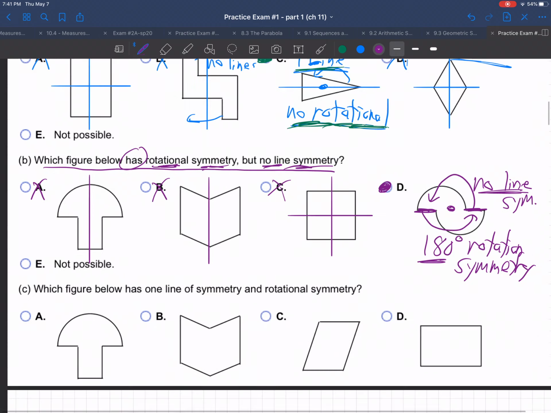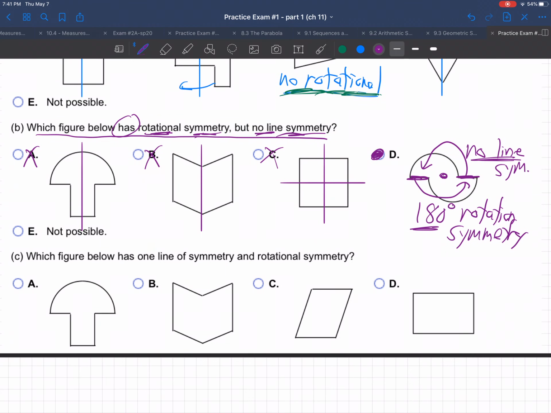Finally, down here, part C, which figure below has one line of symmetry and rotational symmetry? Well, this one has one line, but no rotation symmetry, right? You can't turn it halfway around or any angle and have it be back onto itself.